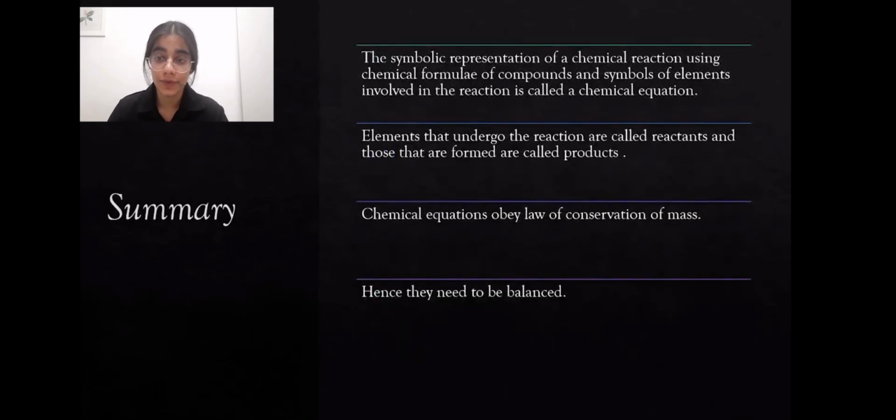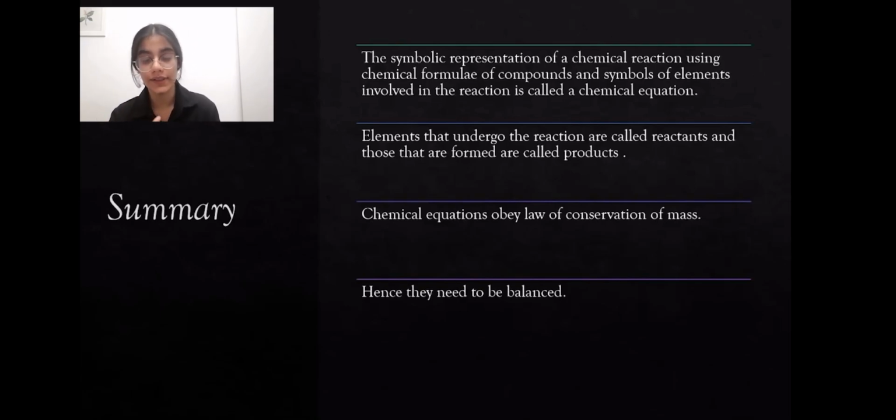The symbolic representation of a chemical reaction using chemical formulae of compounds and symbols of elements involved in the reaction is called a chemical equation. Elements that undergo the reaction are called reactants, and they are represented on the left hand side of the chemical equation.